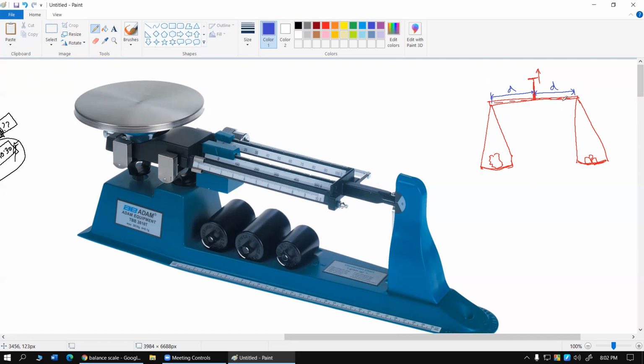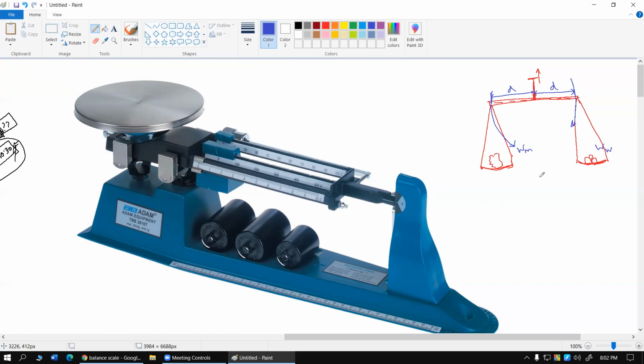If the beam is perfectly horizontal, this means the anti-clockwise moment produced by this mass and the clockwise moment produced by this mass should be exactly equal. That's what causes equilibrium to be achieved. Let's say this is the weight of the unknown mass and this is the weight of the weighing stones.